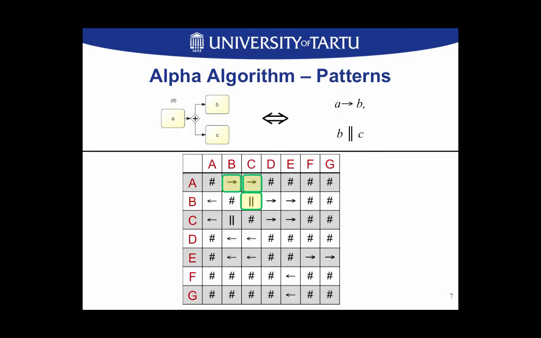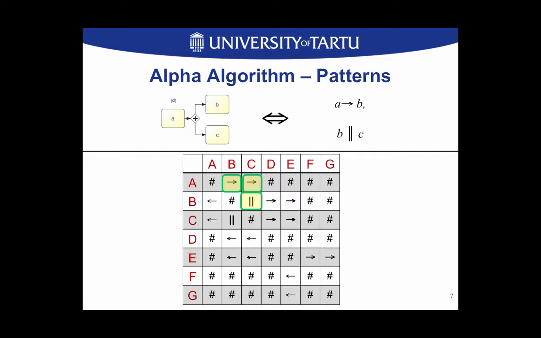Given that intermediate representation, which is basically the foundation of the algorithm, there's a number of rules, call them heuristics, that will tell me that, for example, if I have that A causes B and A causes C, and B and C are in parallel, I will generate this fragment of a process model.